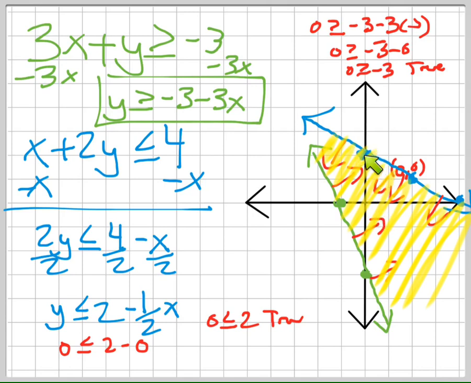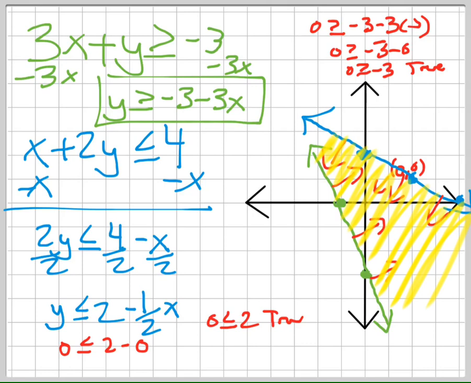Yes. 0, 2 would be, even though it's on that line, it's on a solid line. And anytime it's on a solid line, that means it's included. It's true. If it's on a dotted line, it's not. Same with, like, if you said 0, negative 3, that would be a solution to both of these inequalities because it's on a solid line. It's included in both.